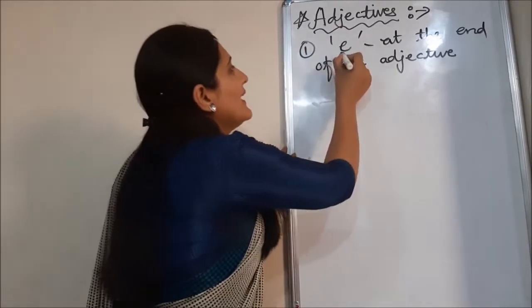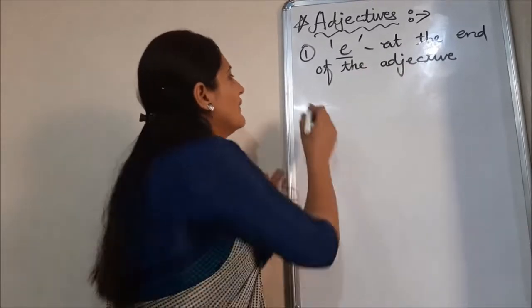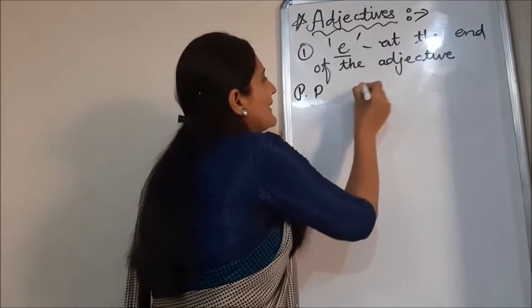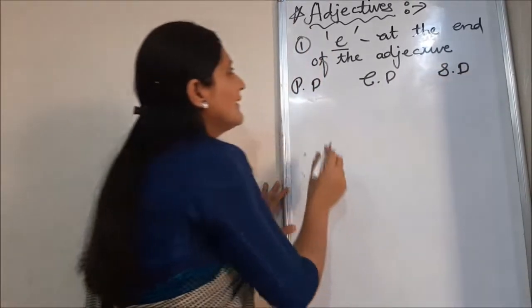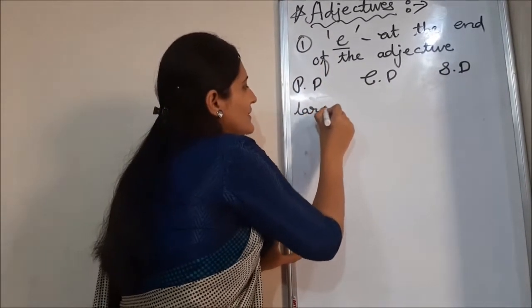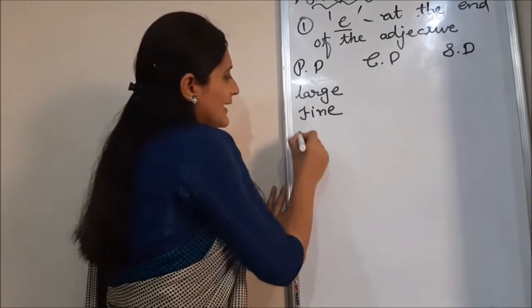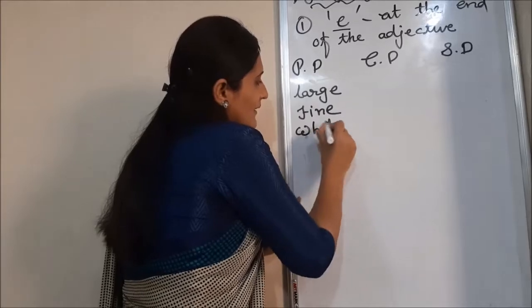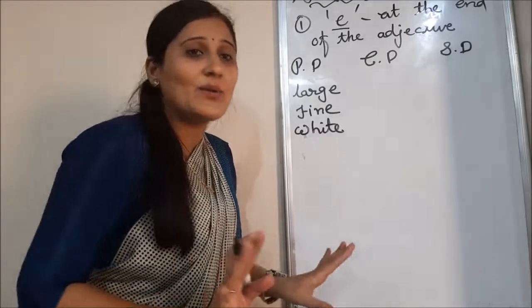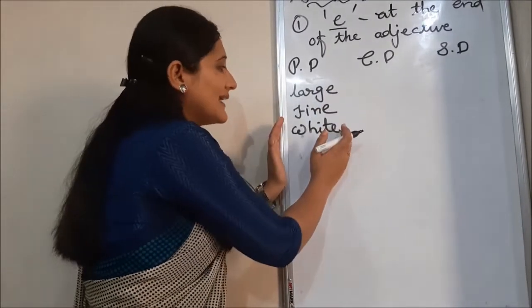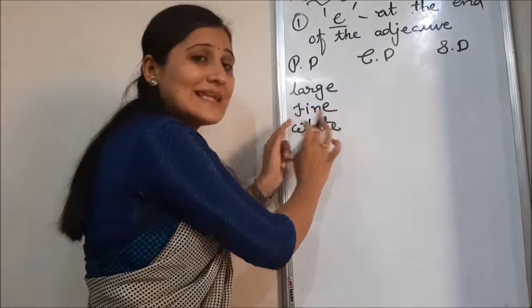Let me give an example so you can come to know. See, for example, large, fine, then white. You can see in the positive degree you will not need to remember anything, because in the positive degree the same adjective that we have in English will be there, right?